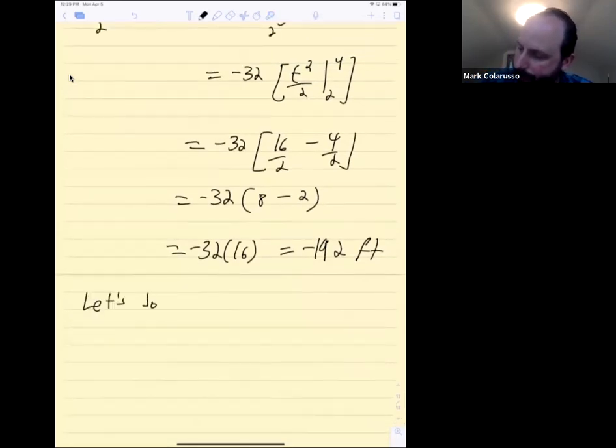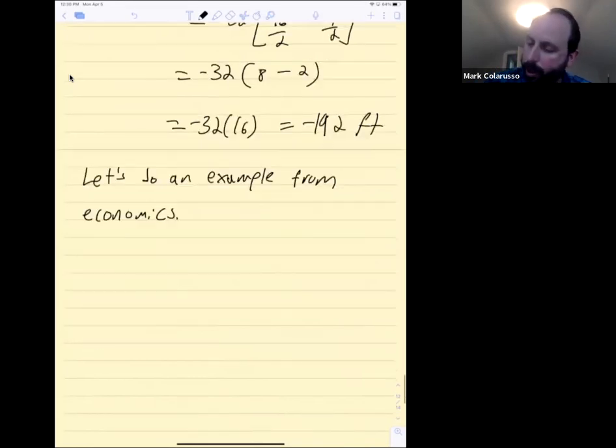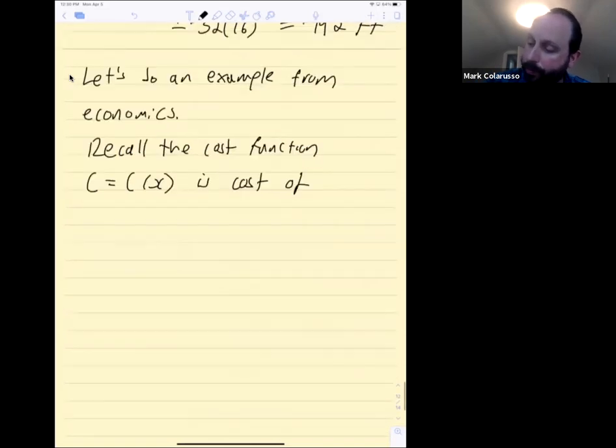Okay, so economics example. Let's do an example from economics. Recall the cost function, C equals C of X, is the cost of producing X units of a certain product.